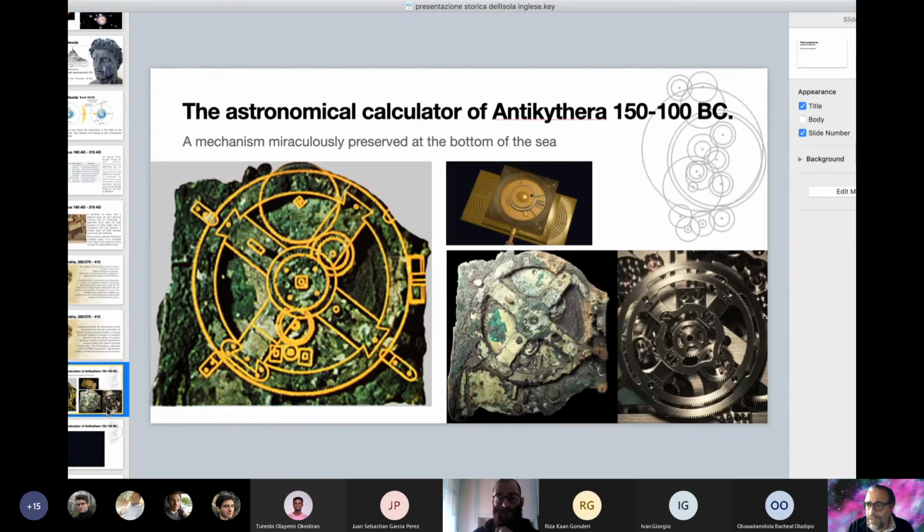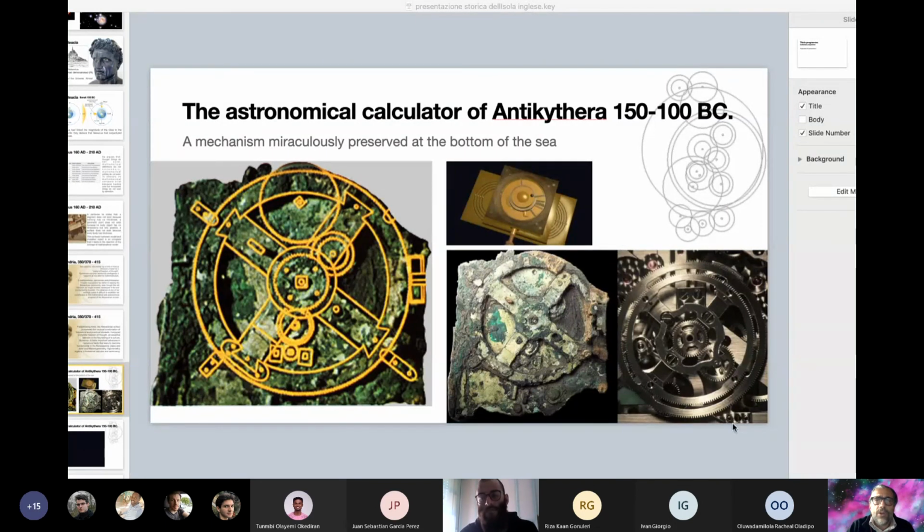I think that we are starting to be a little bit tired. So as a first lecture, we should conclude, but before we conclude, I want to give you the final proof that Greek theory was not only theory, but was practical.